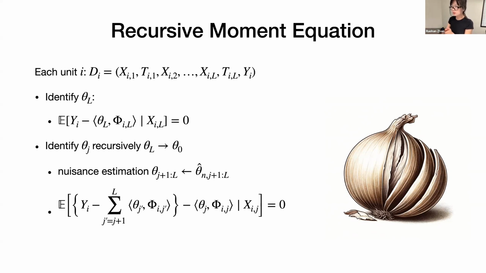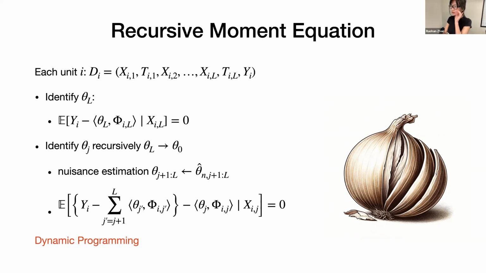This moment equation involves theta j+1 to theta L, which are the later stages' treatment effects that we have already estimated, so we can use those estimates to help us estimate theta j. So it's kind of like dynamic programming or recursive pooling, as I mentioned. We start from the very last stage, then move backwards to estimate, and finally reach our policy value estimate theta null.